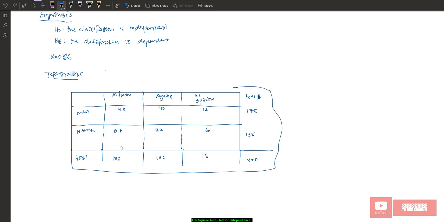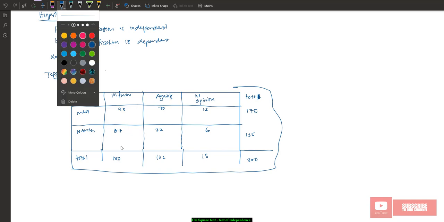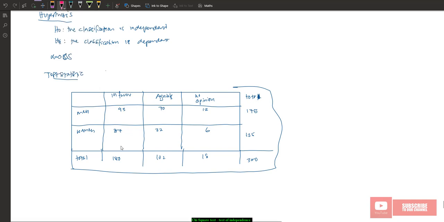So now we need to calculate the expected frequency. This is expected. Let me put the symbols only. This is E1, E2, right?